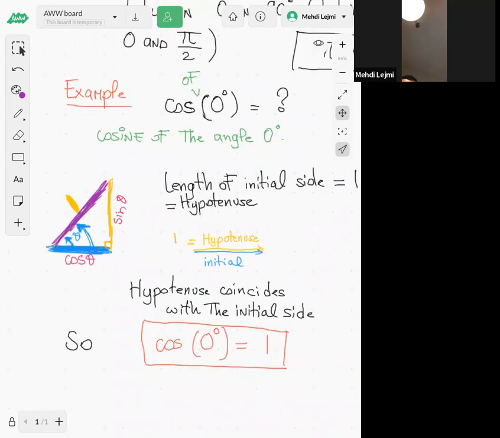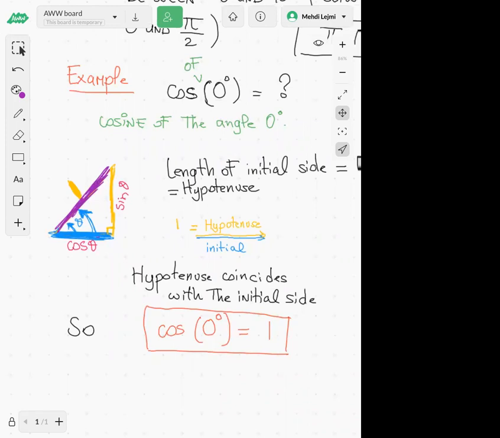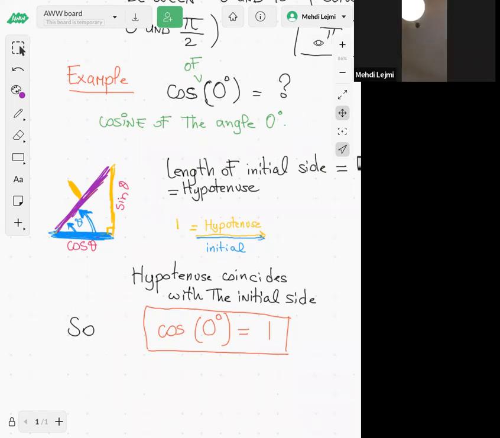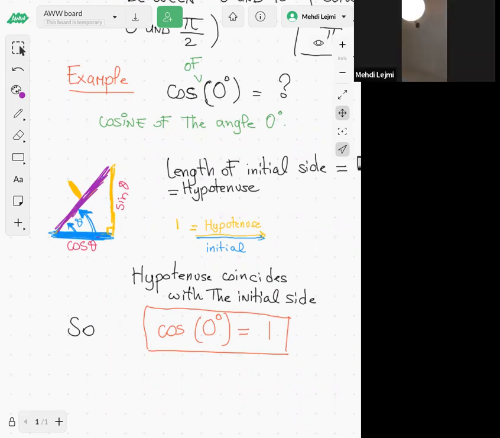Professor, shouldn't the hypotenuse over adjacent be the other way around? You mean the definition of cosine? The cosine is supposed to be the adjacent side over the hypotenuse. Yeah, but the hypotenuse is 1, which means that cosine of theta is just equal to the adjacent side.